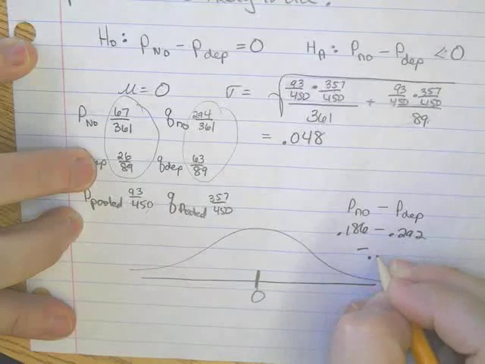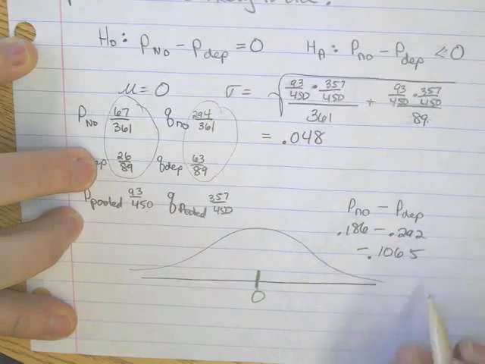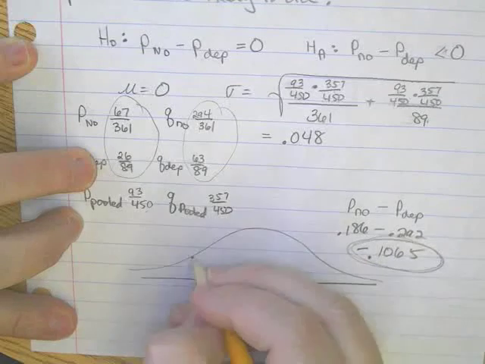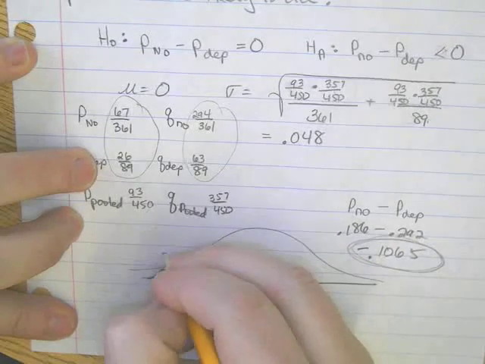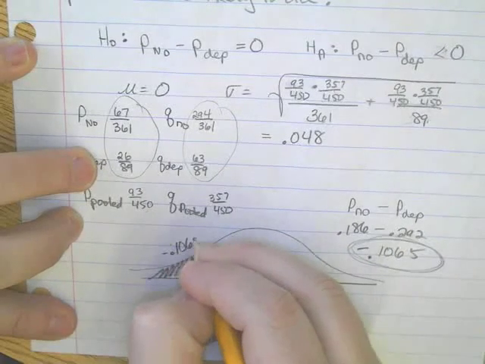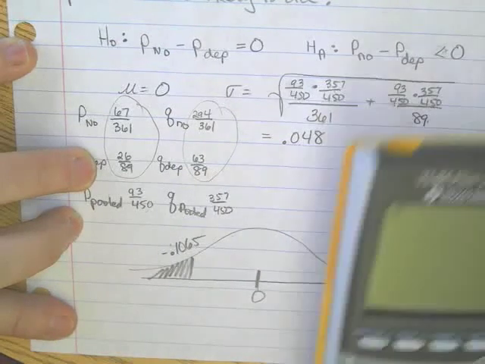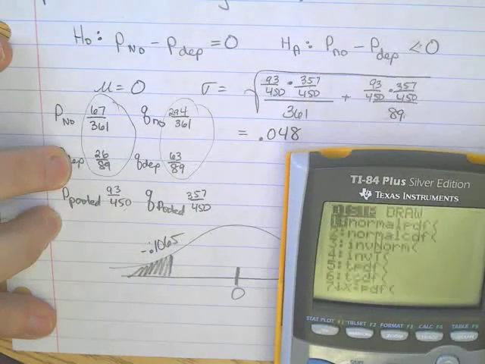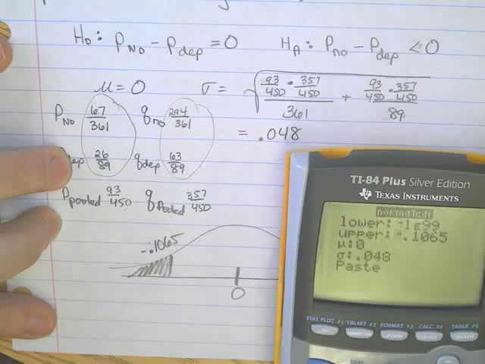So I need to see how rare that is right there. And so that's over here. So I'm going to do my normal distribution. I'm going to keep that negative number, negative 0.065, with 0.048.